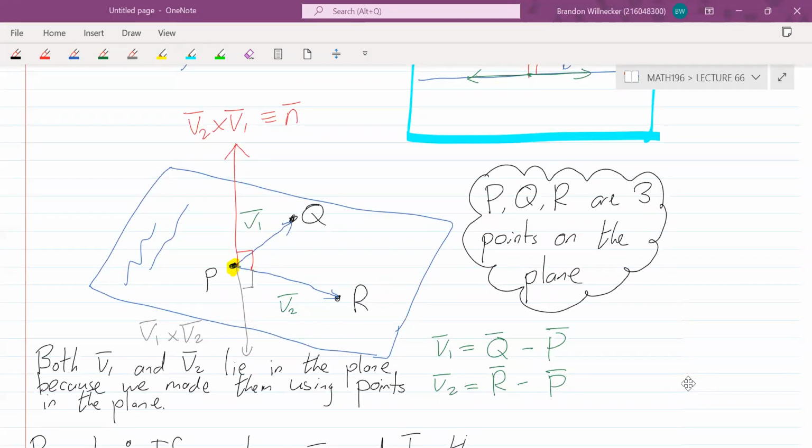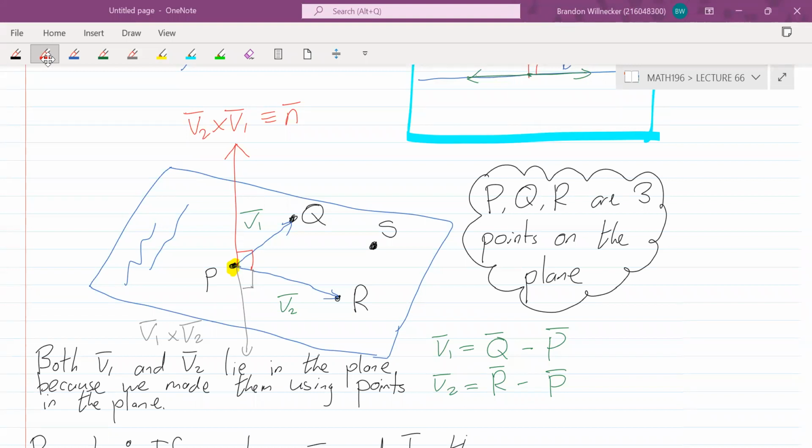P, Q, R. Let's say we have some new point S. The question is, is S in the plane or is it not in the plane? So the way we do that is we draw a vector from any of these points. It doesn't matter, because P, Q, and R, we know they're definitely in the plane. So you can pick any of them. We're going to draw a vector from them to S.